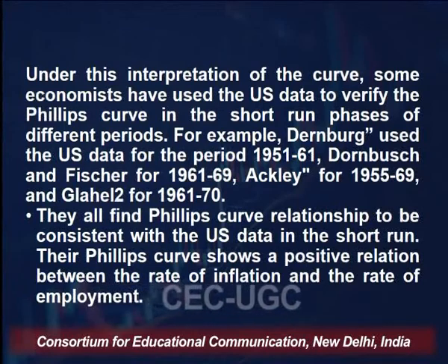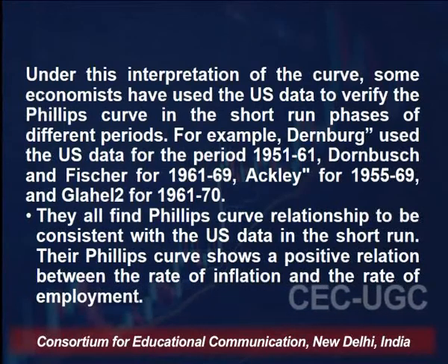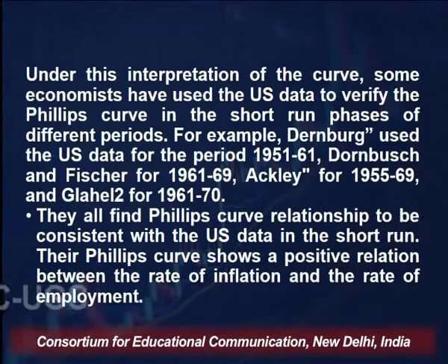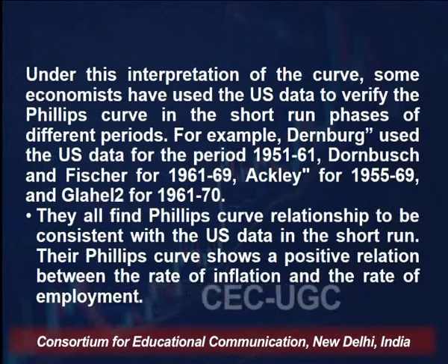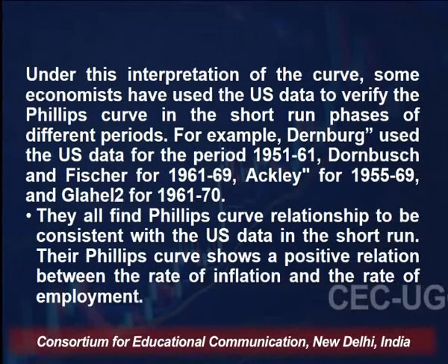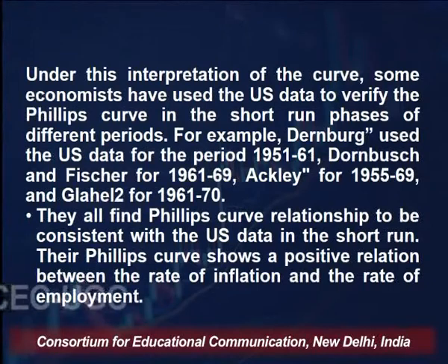And they all find the Phillips curve relationship to be consistent with the US data in the short run. Their Phillips curve shows a positive relation between the rate of inflation and the rate of employment, and an inverse relation between the rate of inflation and the rate of unemployment.